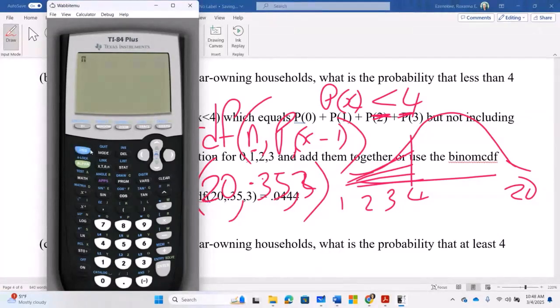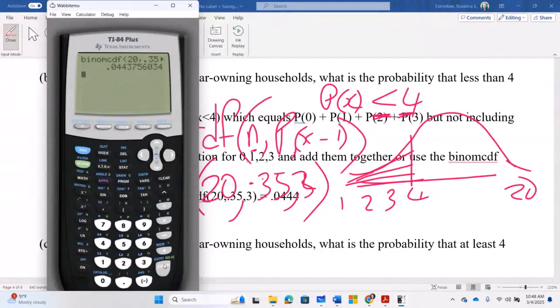So I'm going to go to second distribution and arrow to probability. This time it is binomial probability distribution, binomial CDF. The number of trials is still 20. The success has to be constant, 35%. The value starts from 3, not 4. Why? Because it is less than.